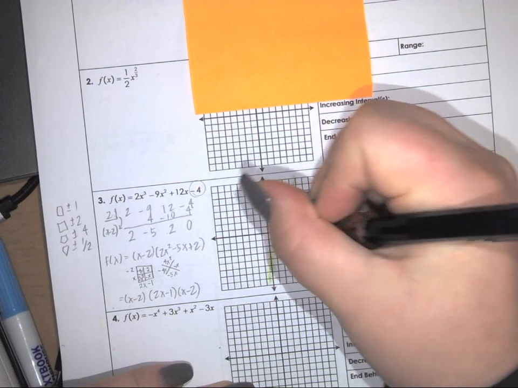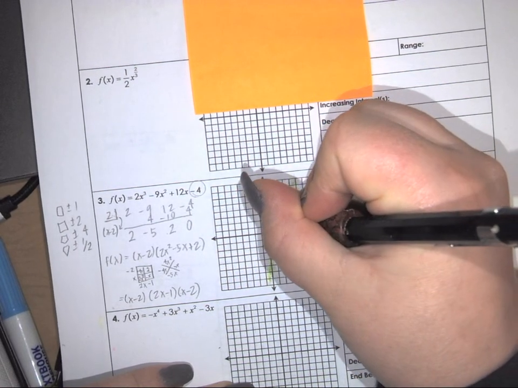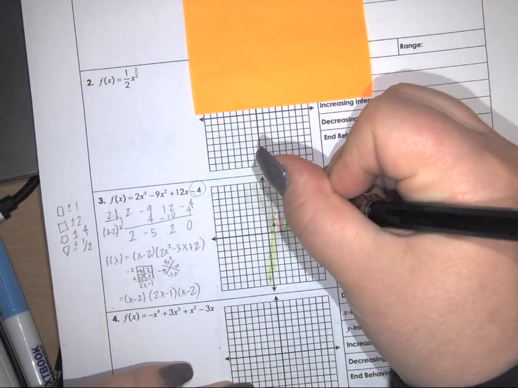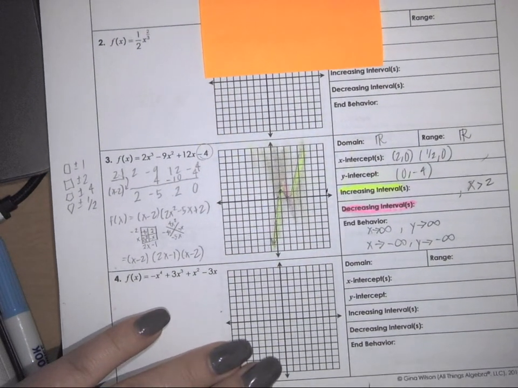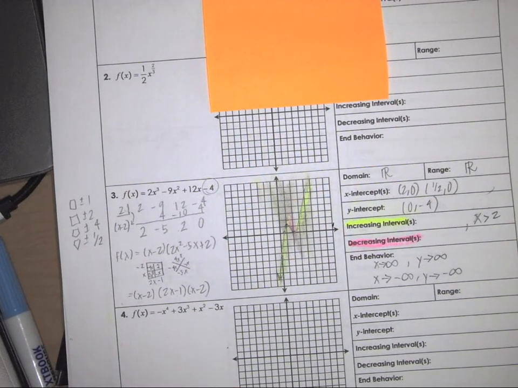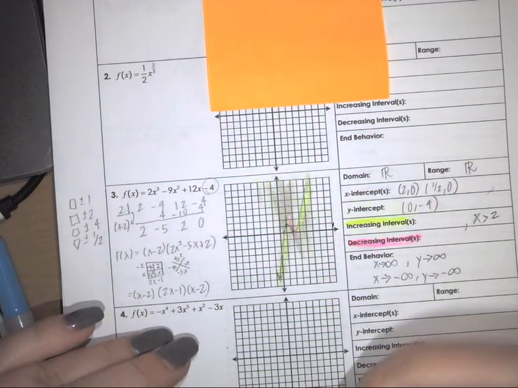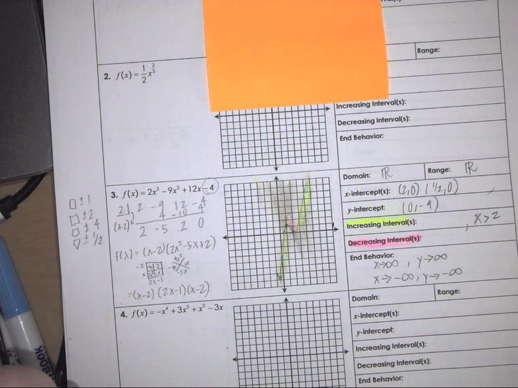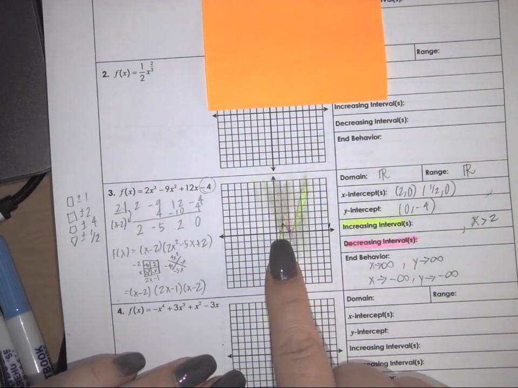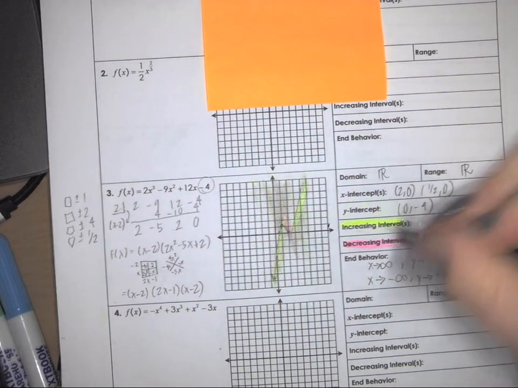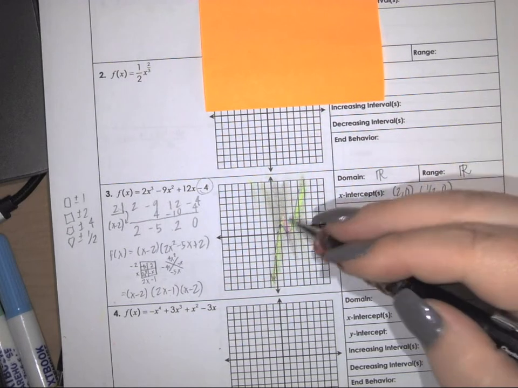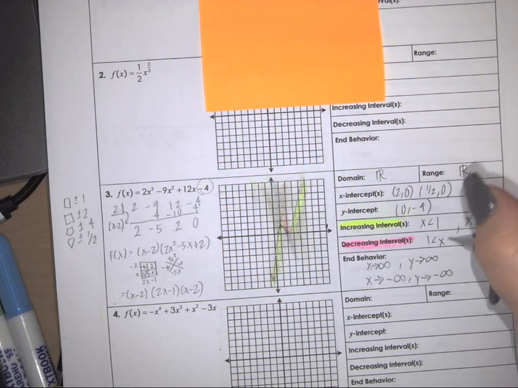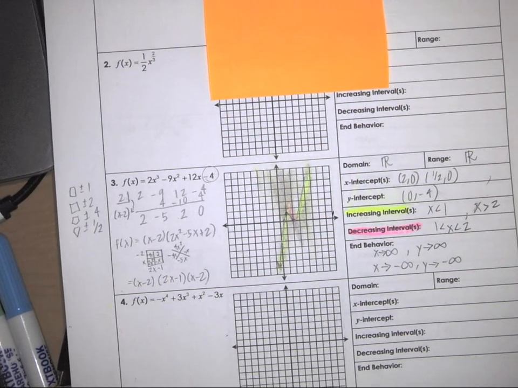So (1/2, 0) and (1, 1) there. So then it's increasing when x is less than 1, and then it's decreasing from 1 to 2. So there you go.